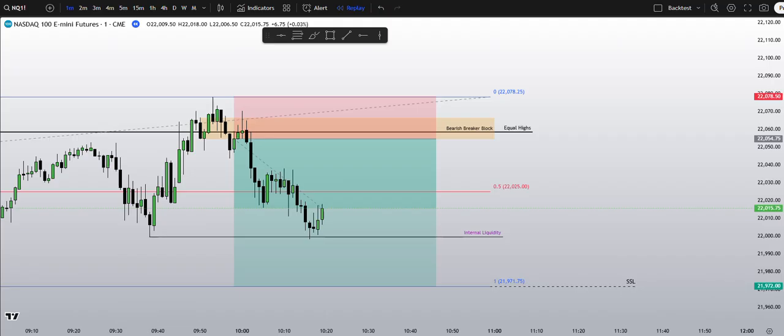And that is if three PD arrays in your favor get disrespected. That would mean three fair value gaps, a fair value gap, a breaker, an order block, two fair value gaps and a breaker, whatever it is, three PD arrays in your favor. If all three get disrespected, you may collapse the trade.